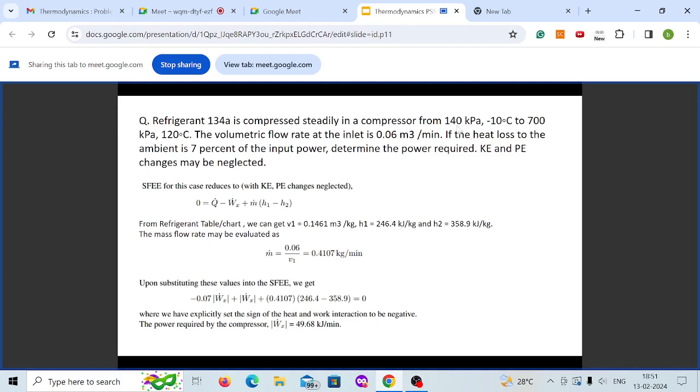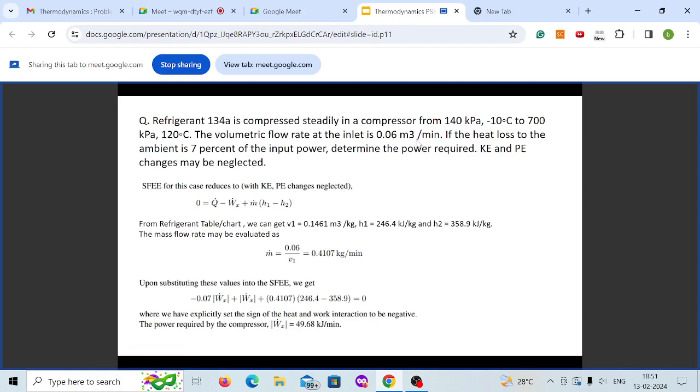Corresponding to these conditions, from the refrigerant chart or table for R134A, we can get the specific volume as 0.1461 meter cube per kg, and correspondingly you can find both enthalpies at inlet and exit for the given pressure and temperature conditions. H1 is 246.4, which is the inlet enthalpy, and H2 is 358.9, which is the exit enthalpy.